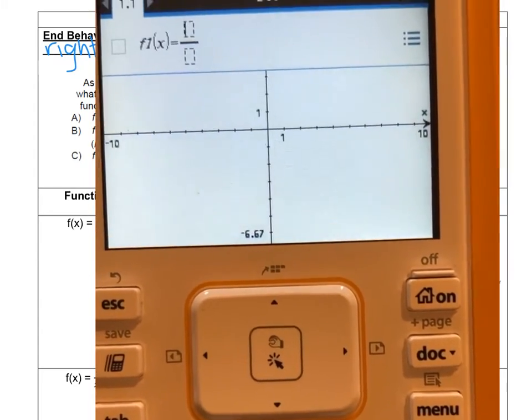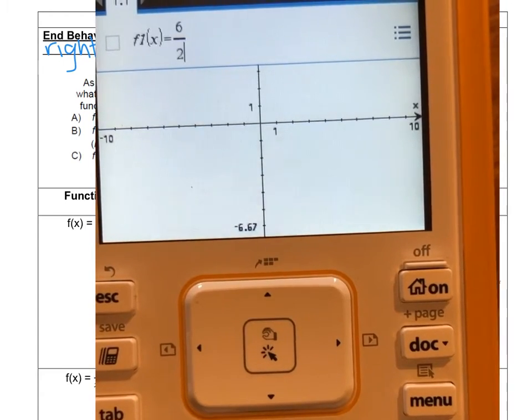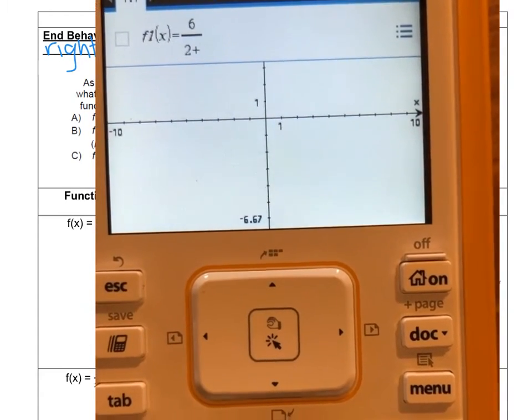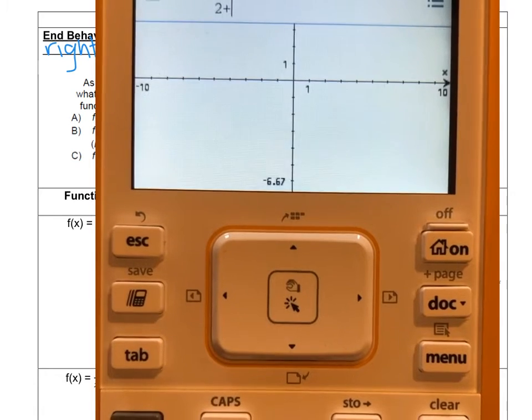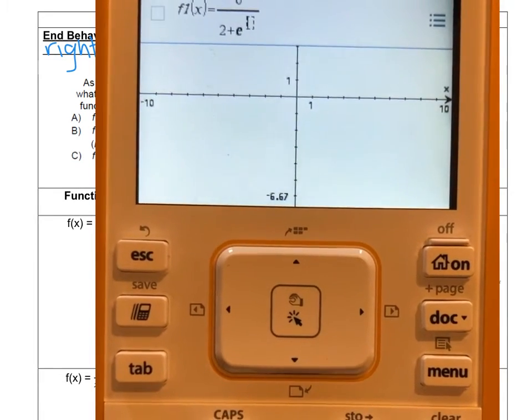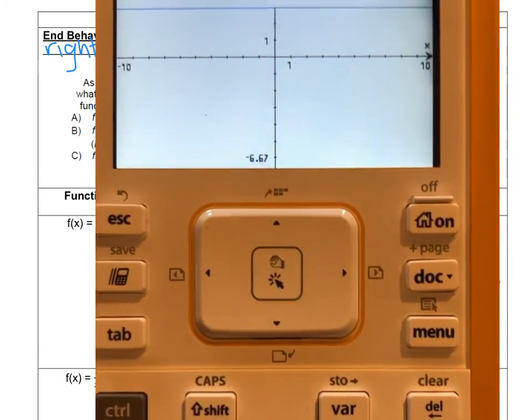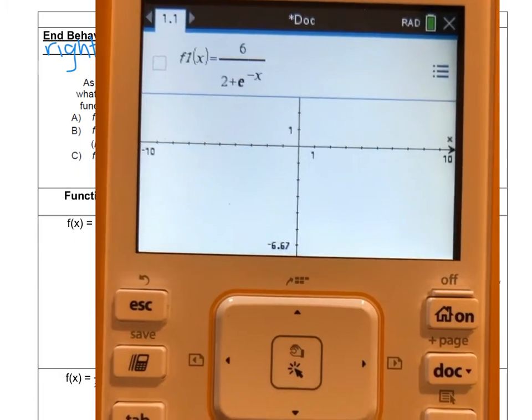So now we're going to type in 6 over 2 plus e to the negative x. Okay, the e to the x button is down here. And then we're going to raise it to the negative x. And then hit enter.